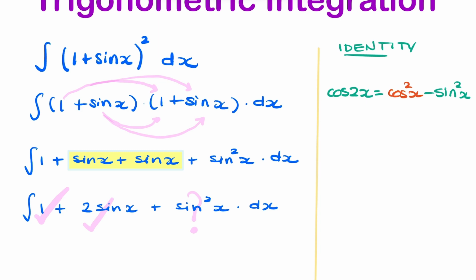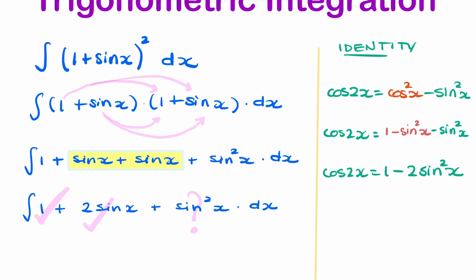So cosine squared is simply 1 minus sine squared, using the other well-known identity. So now we know that cosine 2x can be written like that. And again, we can combine these like terms. So cosine 2x equals 1 minus 2 sine squared x.